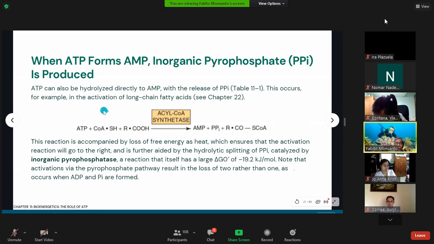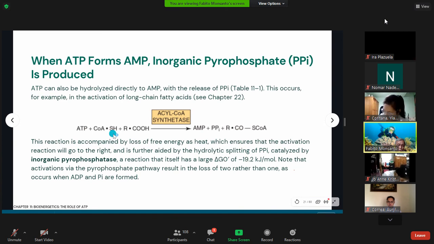This occurs, for example, in fatty acid activation. ATP plus coenzyme A plus a fatty acid or organic acid, R-COOH, which is a general formula for organic acids.